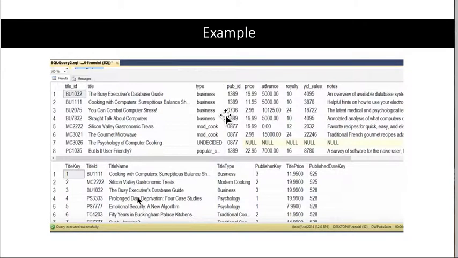In the first one, there are a number of columns that I may not have found useful, such as advance, royalty, year-to-date sales, or notes. You may find that somewhat odd, that we would leave something out, but in general, not everything is really ready for your reports or even accurate.